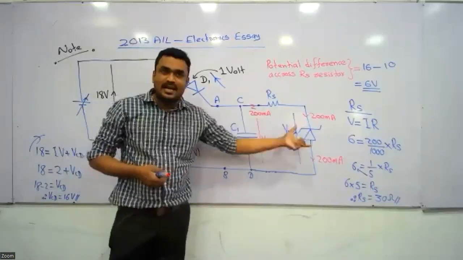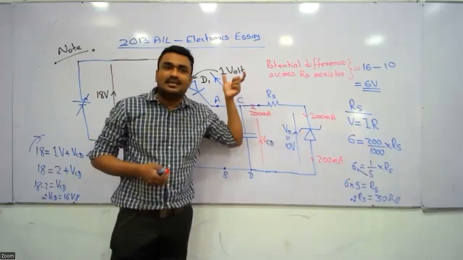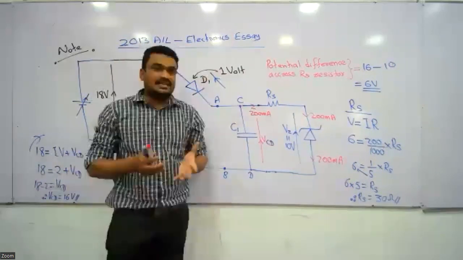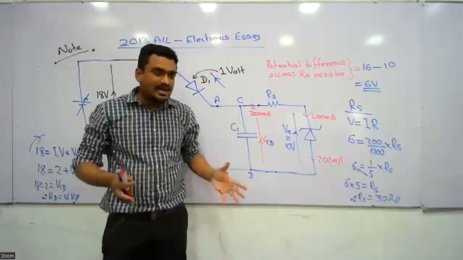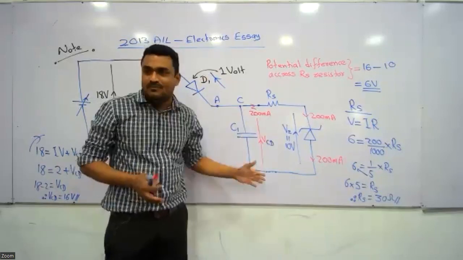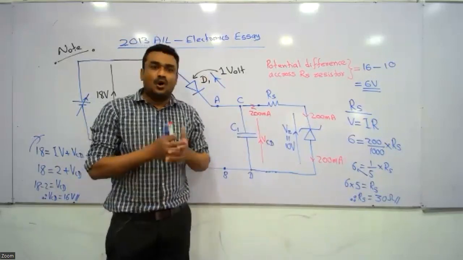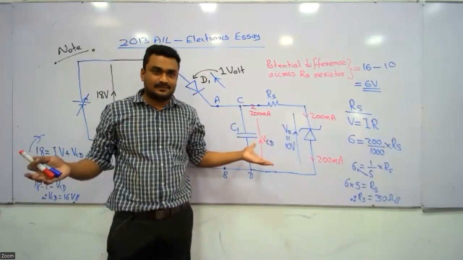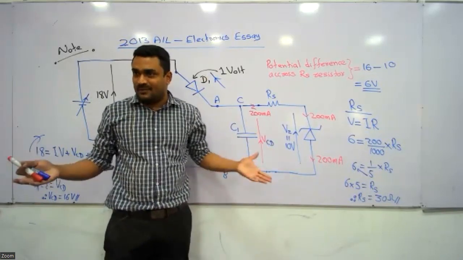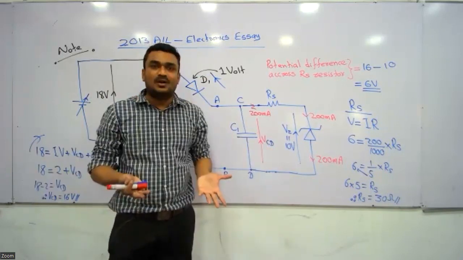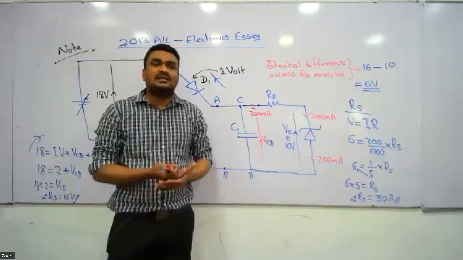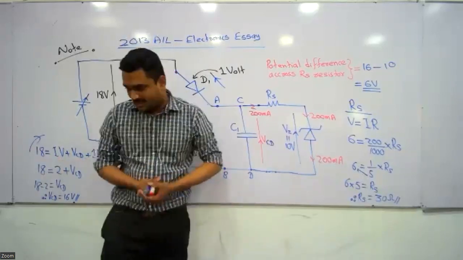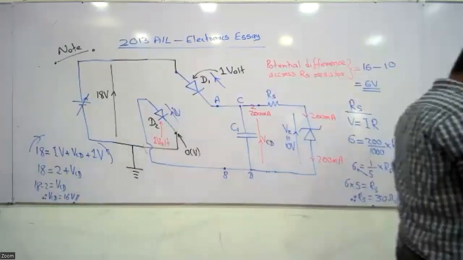If a Zener diode is safe even under the maximum current and the maximum voltage, it means it is always safe under all the other currents and all the other voltages. If something is safe even when we apply maximum voltage and maximum current, it will definitely be safe under the other currents and voltages. That's the logic. Right. What's the next question?